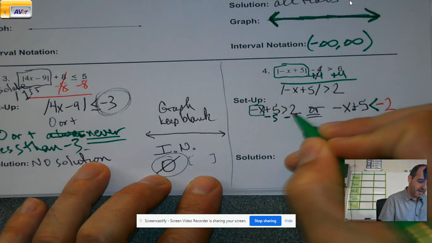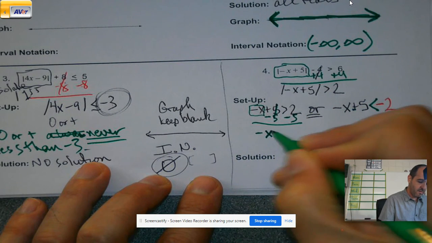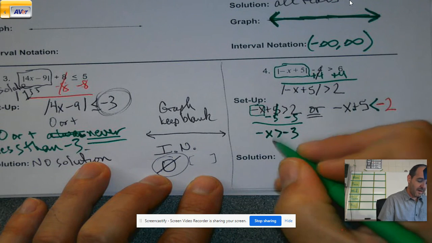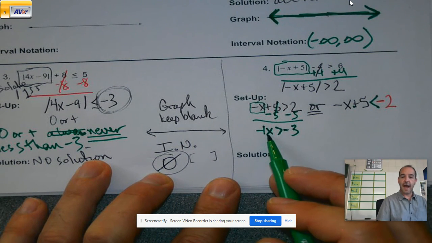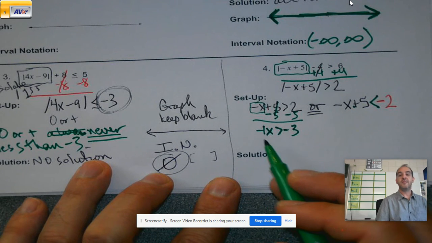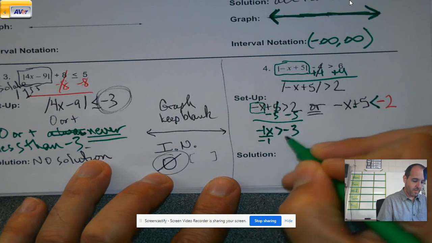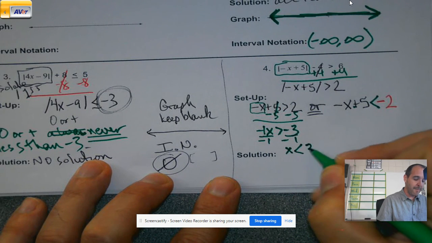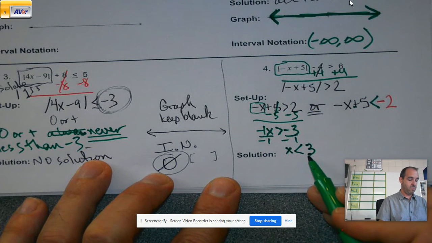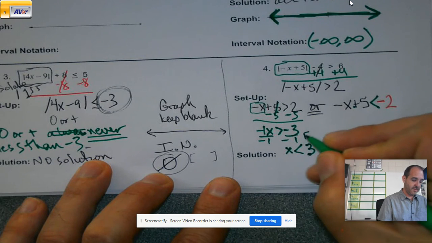Minus my 5. Now here, be careful. Multiplying by -1, what's the opposite? Divide. And when we divide by a negative, we flip the arrow. Myself a little note there.